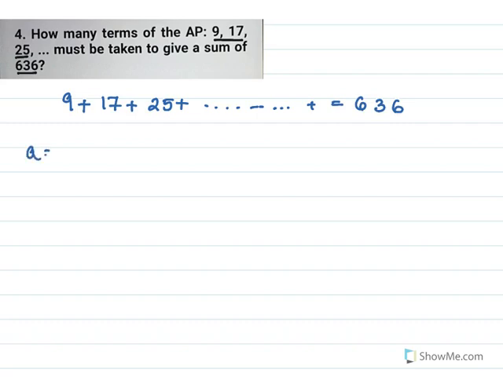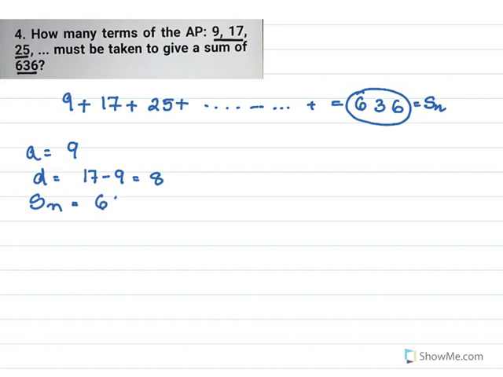So we see a, the first term, is 9. The common difference will be 17 minus 9, and that is 8. And 636 will be your Sn.